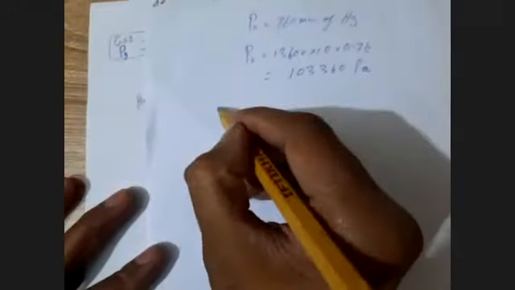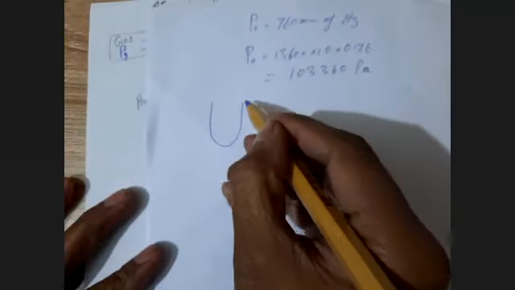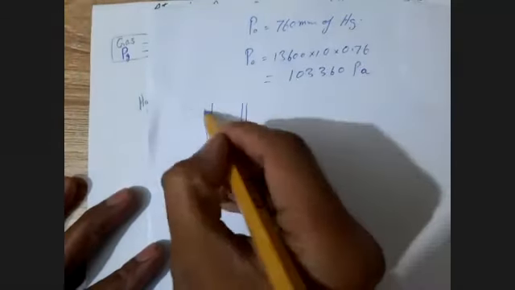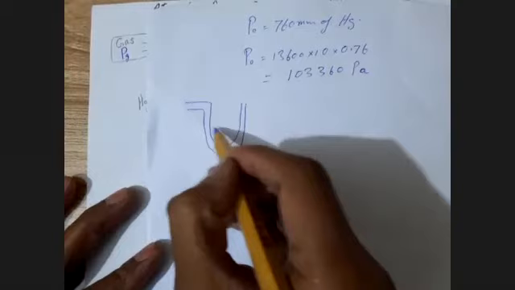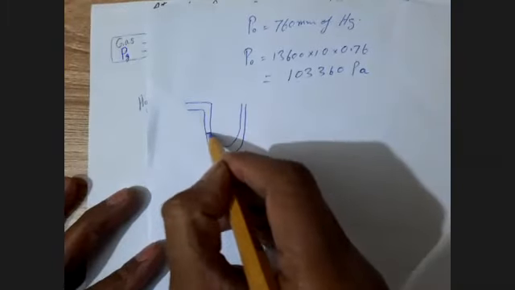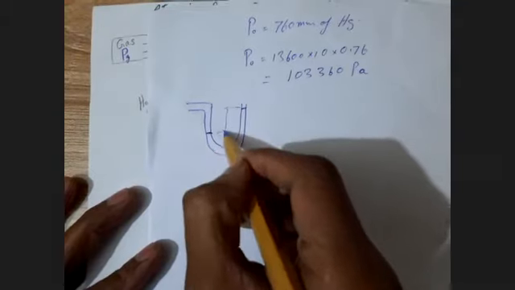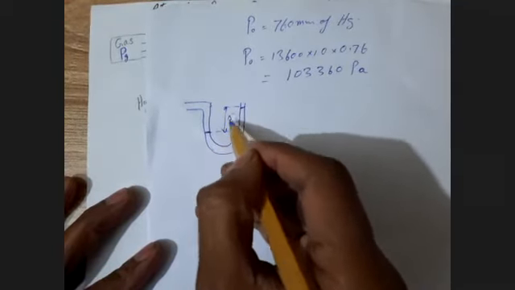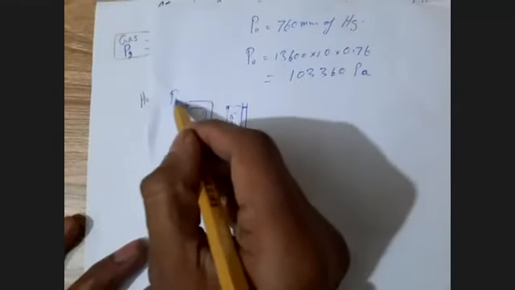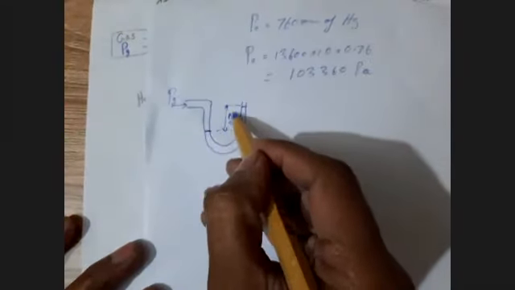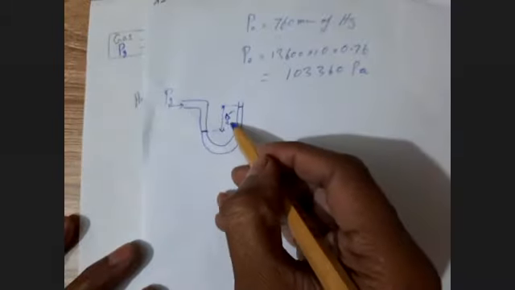As I told you, in the case when the height of the mercury column was like this, there was a difference of 15 centimeter. When Pg is the pressure of the gas, this height is 15 centimeter.